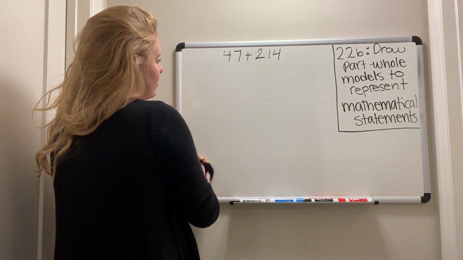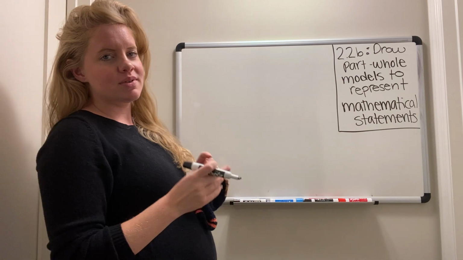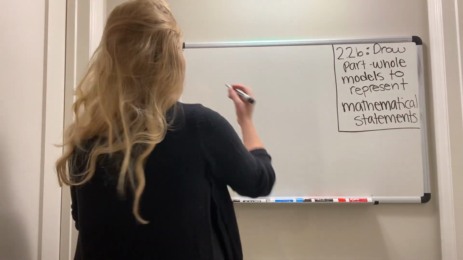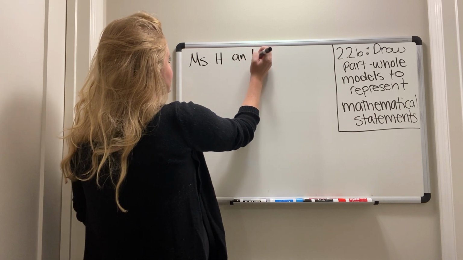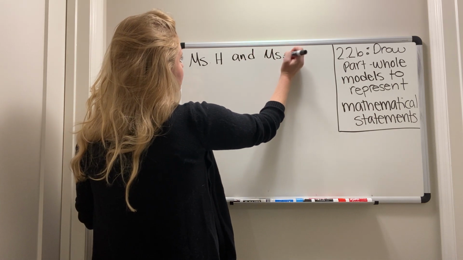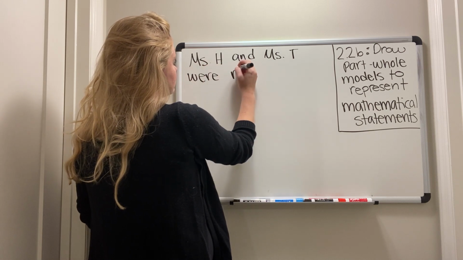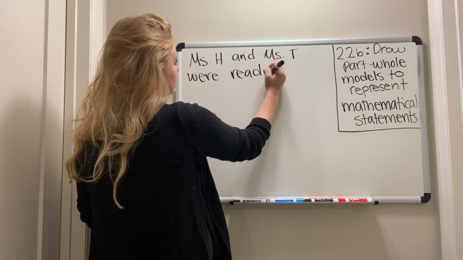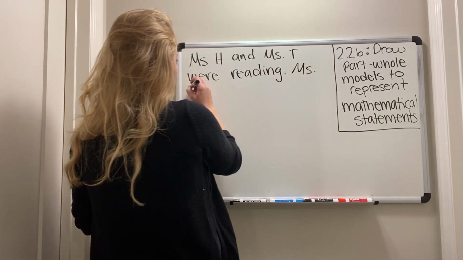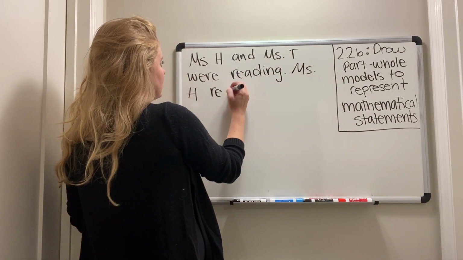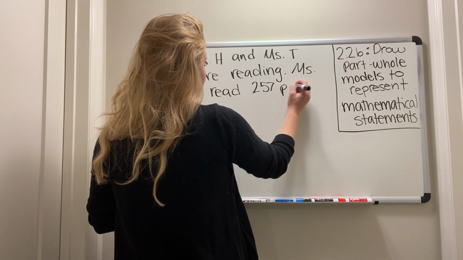Another kind of mathematical statement would be a word problem. So let's come up with a word problem. Miss H, that's me, and Miss T, Miss Tanner, were reading. Miss H read 257 pages.